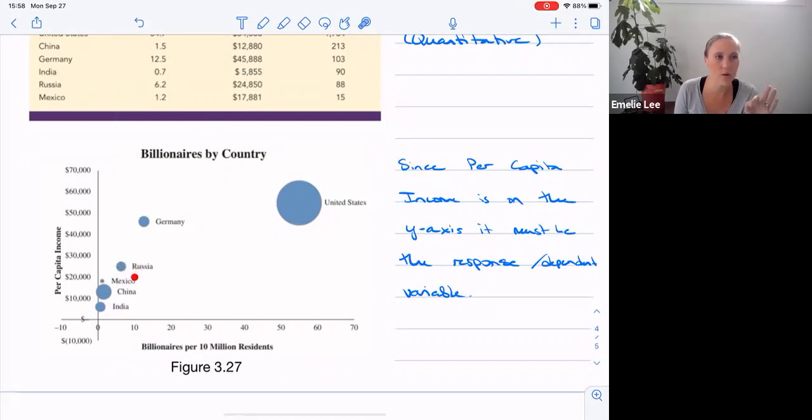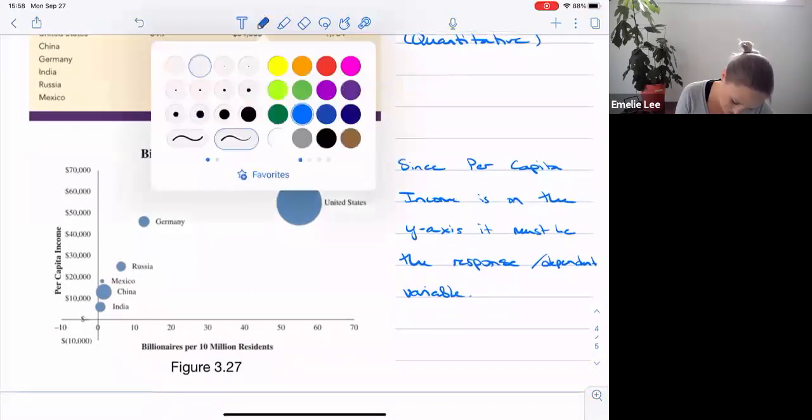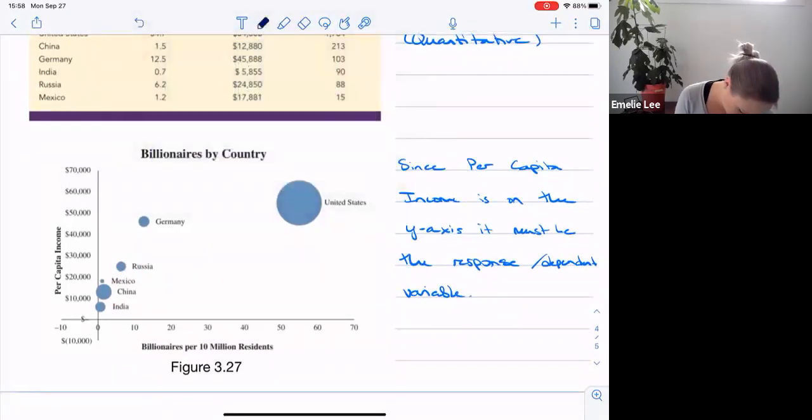If we're focusing on Russia, then we'll see that we have roughly, I'll map it down here. I'm assuming that if we just had one dot, it would be in the center, of course. And if I map it down here, I can have a pretty good understanding of the billionaires per 10 million residents. It looks like it's around 7.